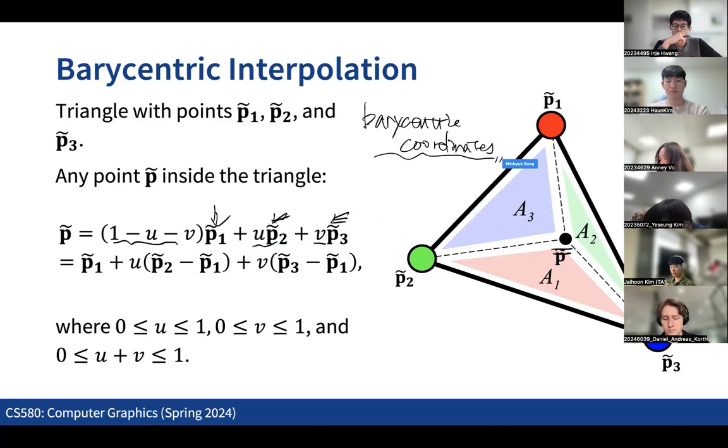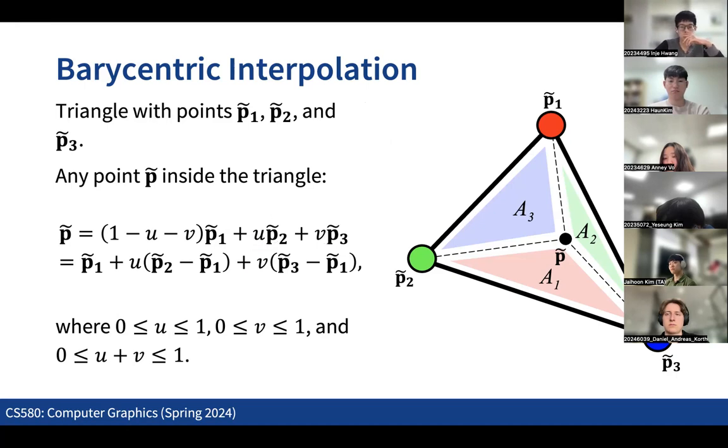What this means is that for any point over the 3D space, if that point is included in the triangle defined with the three vertices, we can either represent the point with the x, y, z coordinates, or we can represent the same point based on the three coefficients defined for each of P1, P2, P3. That's another way that we can express the position of the point, especially when the point is located inside the triangle.